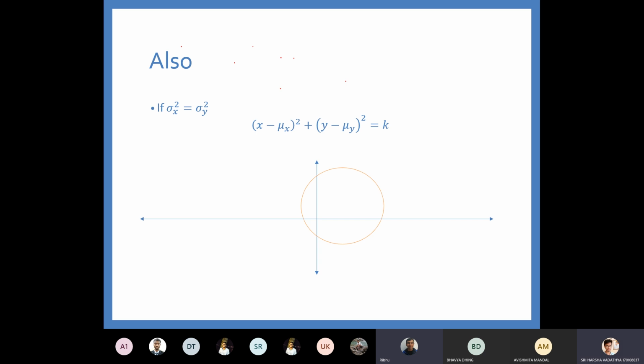So if I write it in d dimensions, the equation will be a summation of x1 minus mu1 whole square plus x2 minus mu2 whole square plus x3 minus mu3 whole square, and so on. So that will be a hypersphere in d dimensions. Oh, okay, sir.